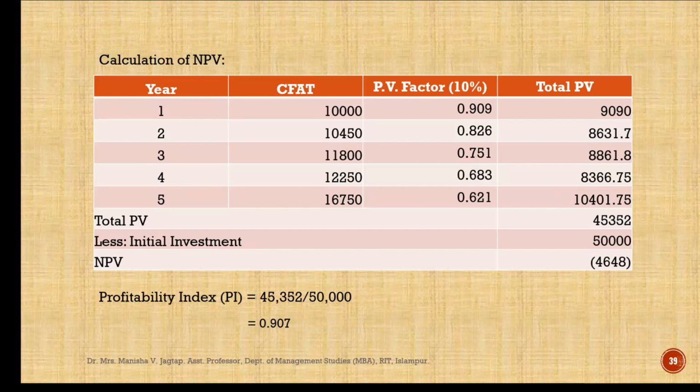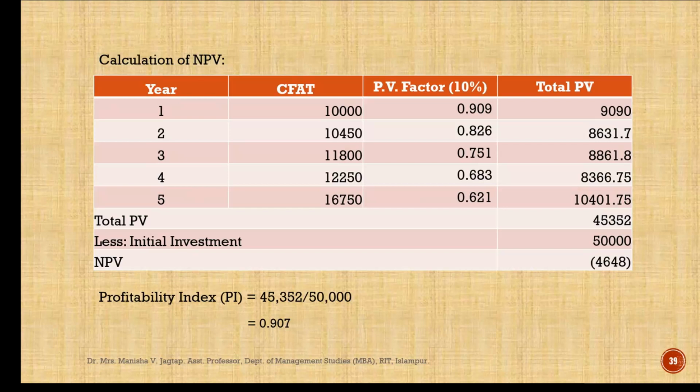So by applying the accept or reject criteria, one can suggest to the company whether to accept the proposal or reject the proposal. So if we see, net present value is negative. That means it suggests that the company should not accept this particular asset.